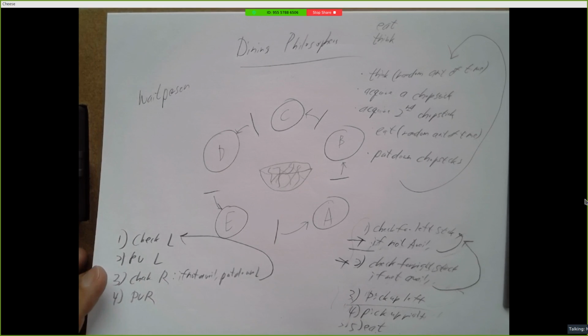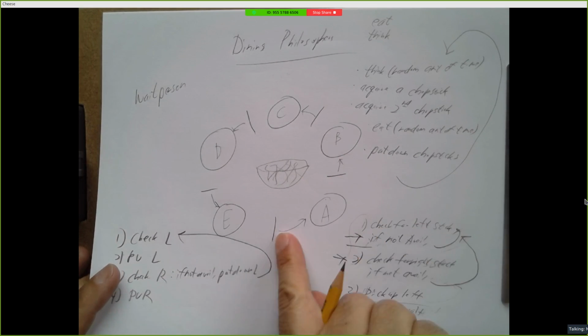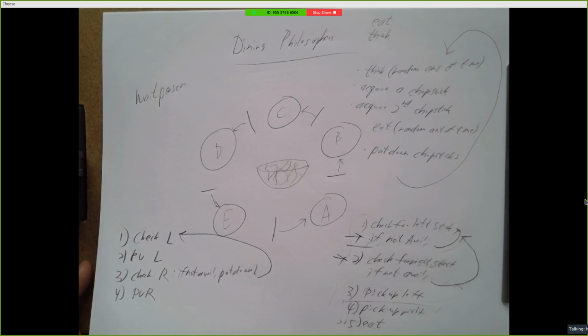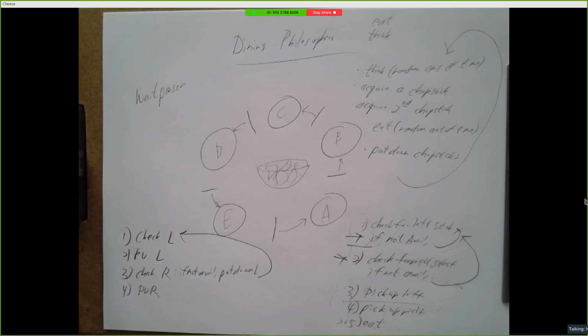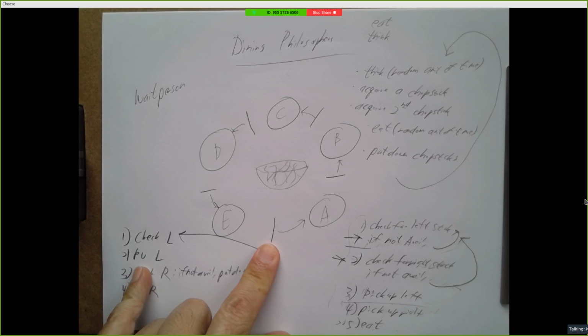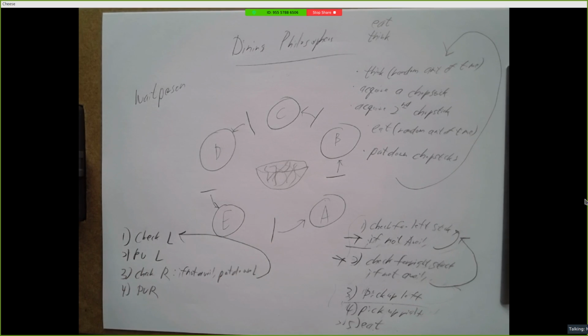So we can deal with knowing if a chopstick is available by using a semaphore, or something like a flag that basically says, is this available? And you need to make that process atomic. So check to see if it's available, and if it is, take it. And you need to make sure that in between the time you check and the time you take it, nobody else has taken it.